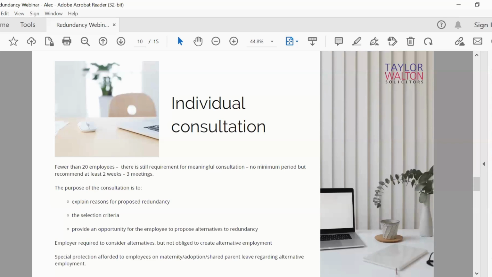This preferential treatment won't only apply during the actual leave itself, but for a period of time after the leave, so on their return to work. The full details of that are still yet to be known, but it's something for you to watch out for.